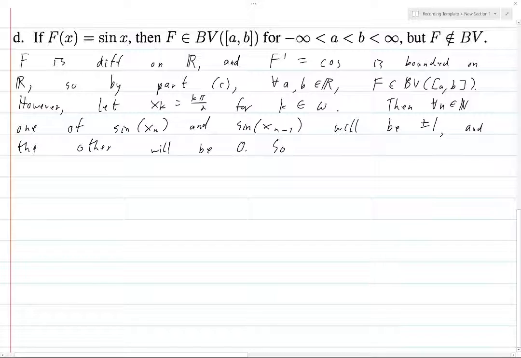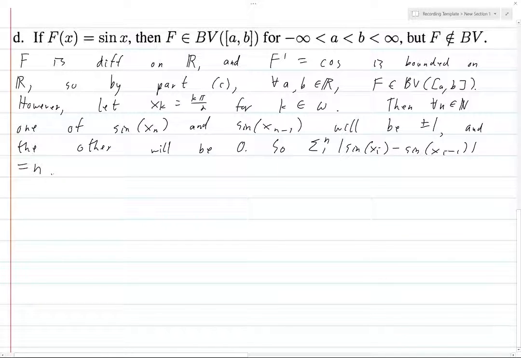So then, see here. The sum from 1 to n of sine xi minus sine xi minus 1 is going to equal n, because we're taking n of these, and we just proved that each one of these things on the inside is going to be plus or minus 1.